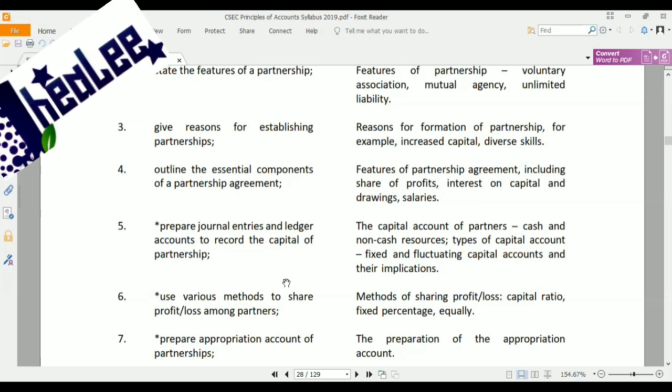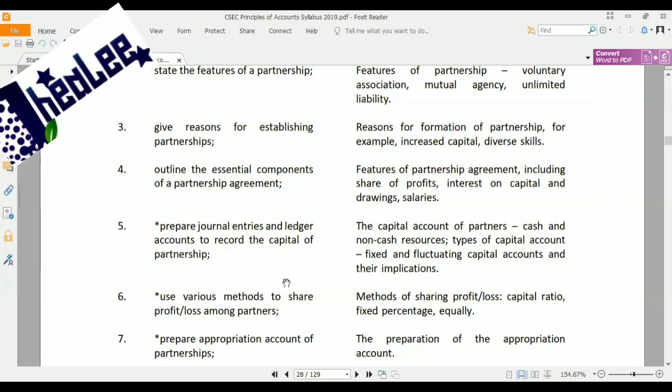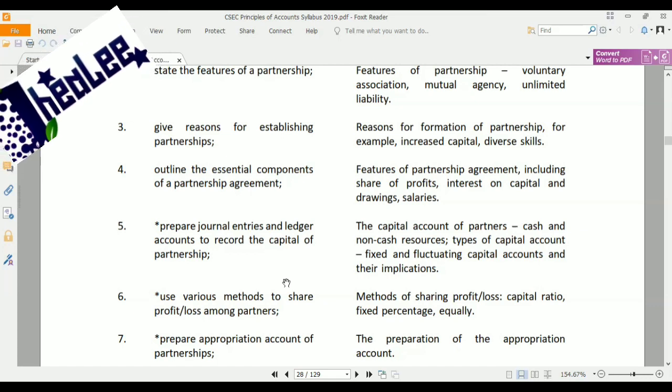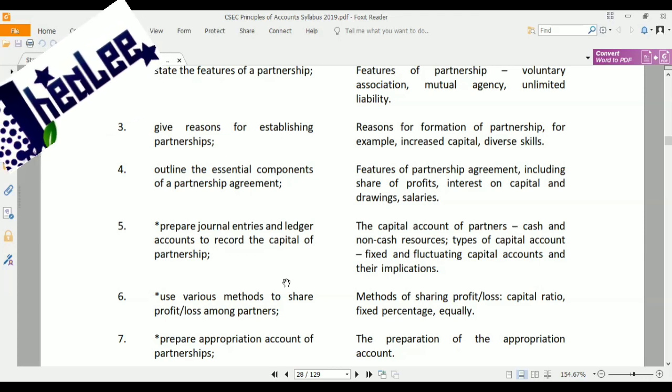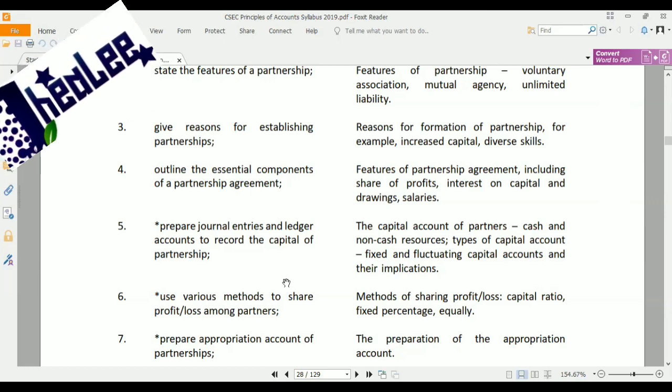Based on the agreement, they said, all right, John brought in premises of $1 million, Jones brought in cash of $500,000, etc. In doing the journal entry, you would show the assets and put those in the debit column, because you're debiting those asset accounts to show that this is what is invested in the business by the partner. So that's an increase in the asset. And the value of what each partner puts into the business will constitute their capital. So you have to know the journal entry: the capital will be credited, and whatever asset is brought into the business by the partner is debited.